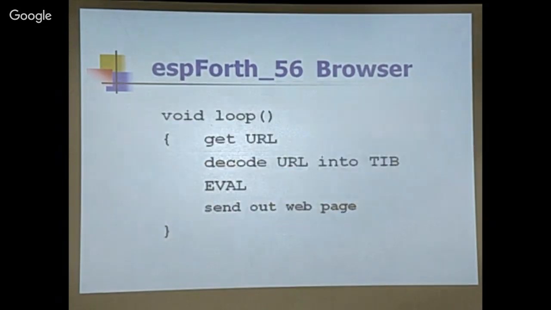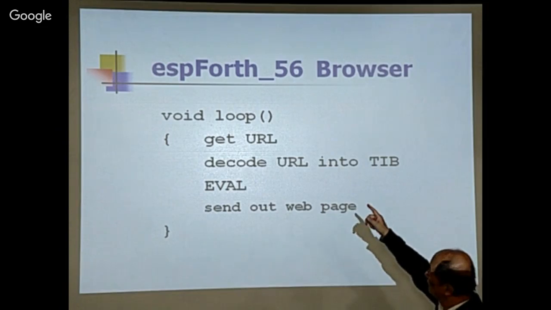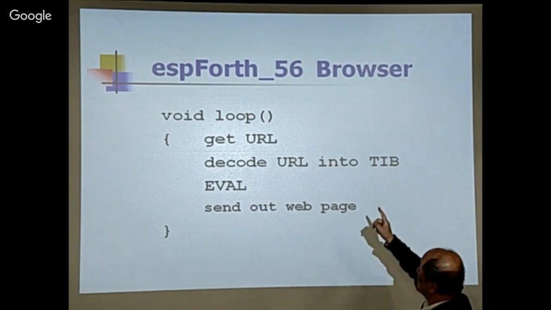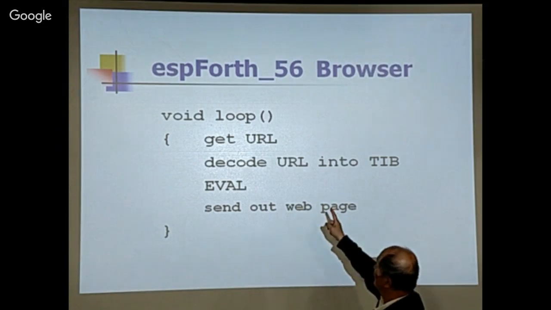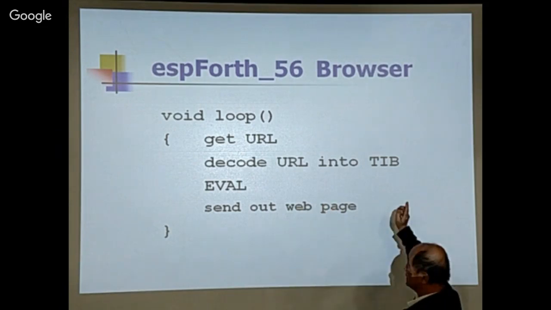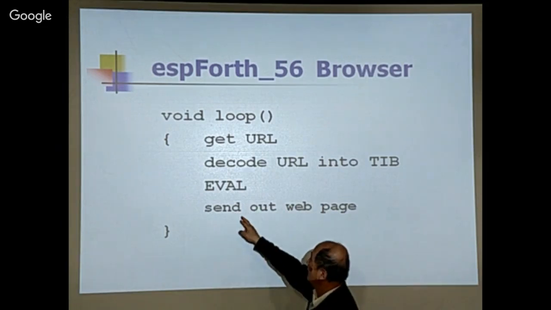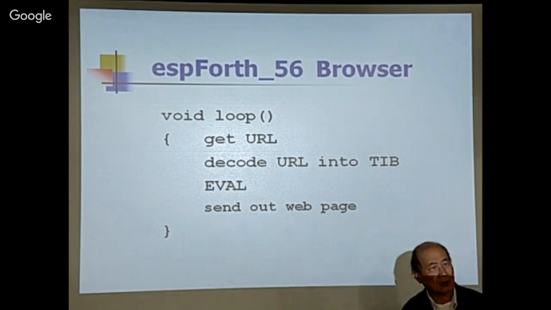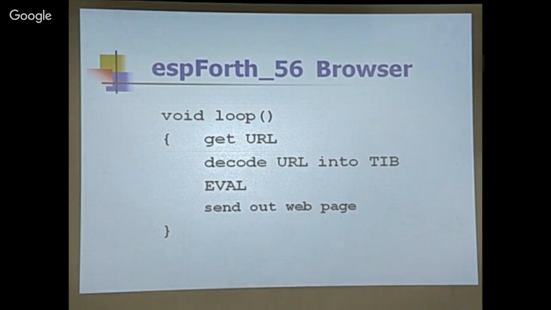The loop to interface with the browser is: you get a URL, decode the URL, put the Forth words into the TIB, and then call eval. After eval is done, it sends out a web page, and this web page contains all the characters that have been generated and accumulated in the eval command. Sounds reasonable? Very reasonable.